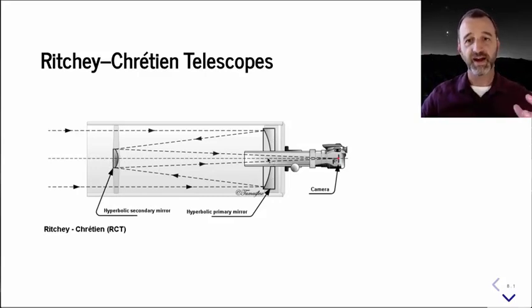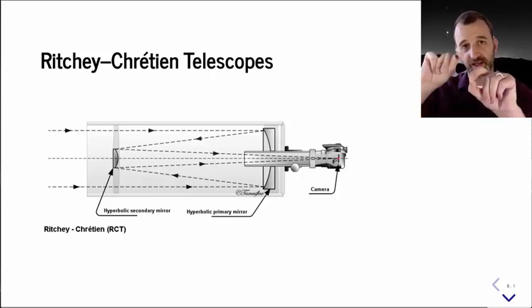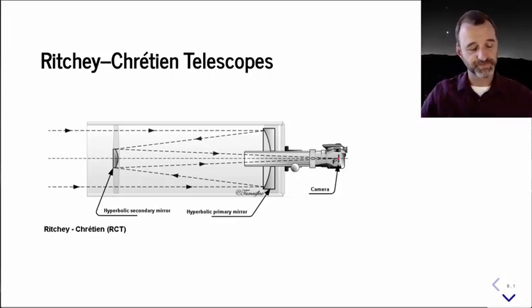So the idea here is that by having these specific hyperboloids for our primary and our secondary, we can counter the effects of coma and spherical aberration and produce images that are not perfect, but more sharp, even as you move away radially from the optical axis. It doesn't work perfectly, but it works a lot better.